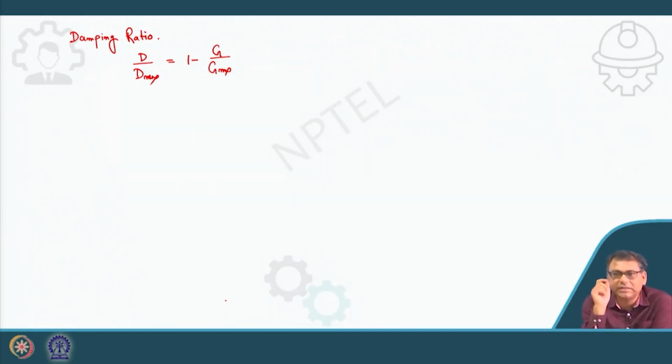Suppose G is equal to 0, theoretically possible, but practically it is not possible. If G is equal to 0 or a very small value, then D will be equal to D max, that means the maximum damping. D is the damping at any strain level. If G is equal to G max, that means the initial point, low strain condition, then your damping will be 0.